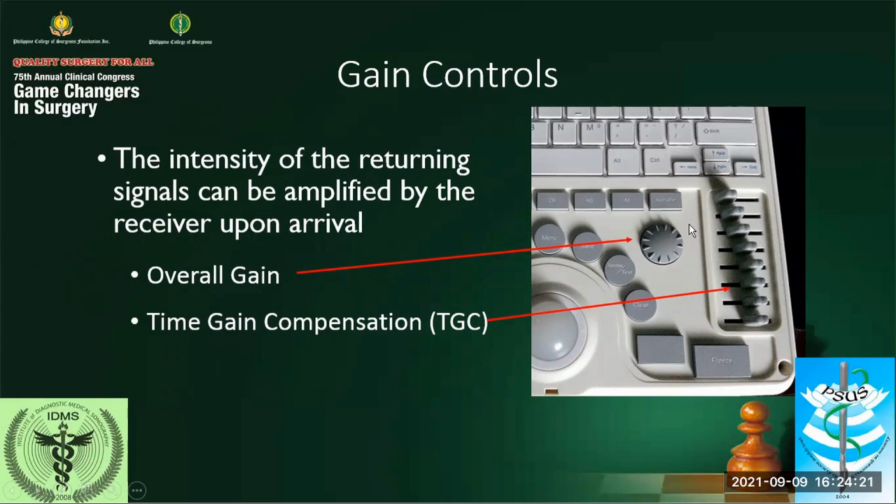Now here, to distinguish the gain controls, the overall gain is usually in the form of a knob, while the time gain compensation is usually sliders, or technically these are called slide potentiometers. And with the slide potentiometer, if you move them to the right, you increase the gain.